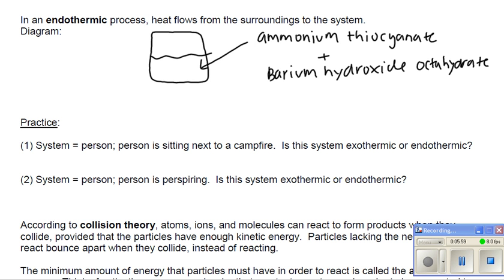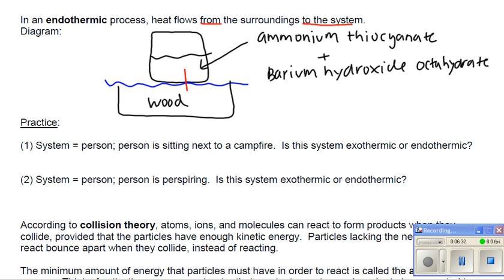So when these two chemicals react, the water that he poured onto the wood originally froze. Now, why did the water freeze? The water froze because this is an endothermic process. And in that endothermic process, heat flows from the surroundings to the system.